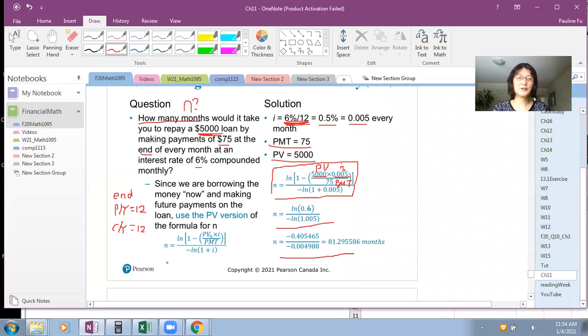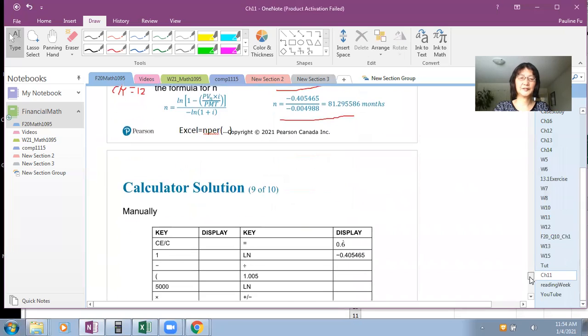I'm going to write down a little note. In Excel, you use the equal NPER function, then plug in the parameters. So that is how to calculate term N for an ordinary simple annuity.